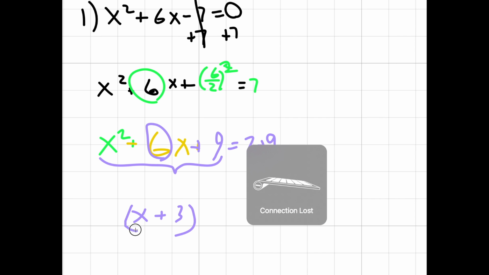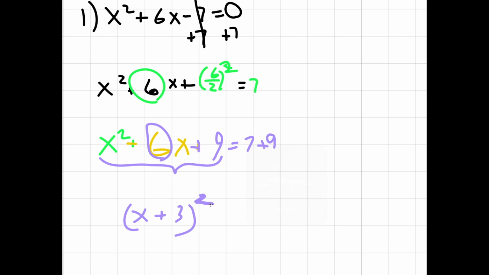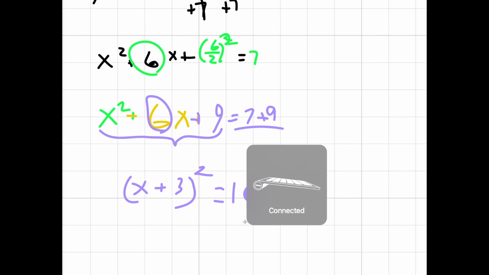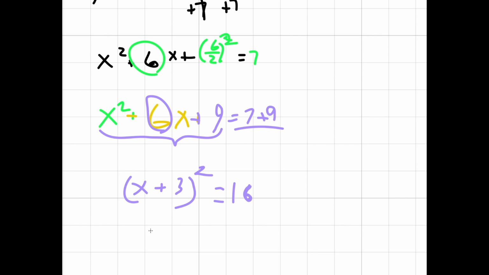Then you square that, and then you set that equal to whatever was on the other side, which is in this case 16. Now we're going to take the square root of both sides. If we take the square root of this side, the square and square cancel, and this side is kind of complicated, so I'll explain in a little bit.